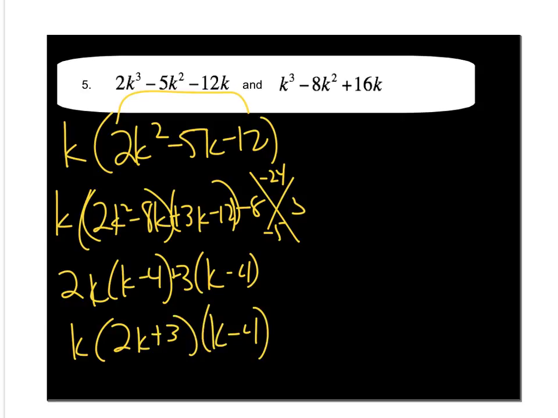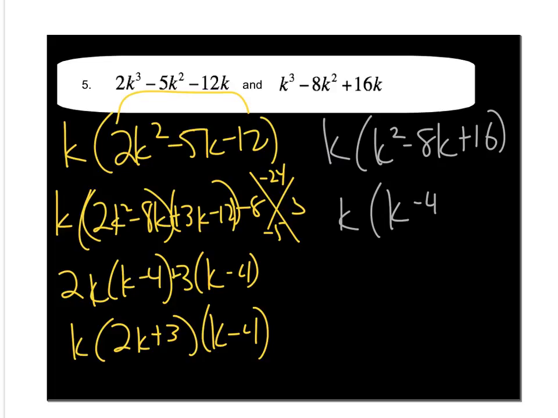On the right side, I'm going to have this. Change colors here. I will have k. I'll be left with k squared minus 8k plus 16. I'll have k minus 4, k minus 4. When I factor that, nice and easy.